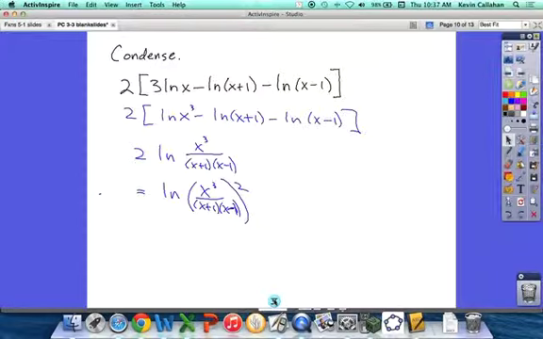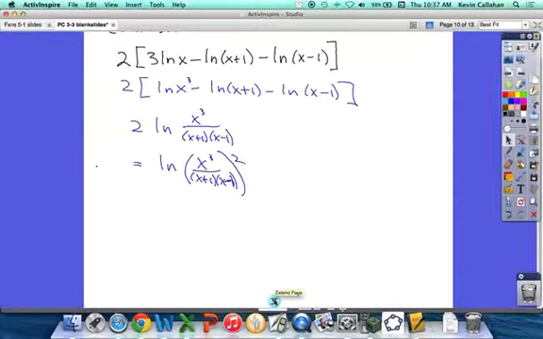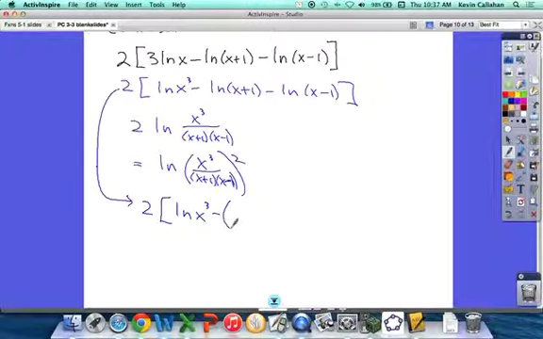I'm going to go down the board here a little bit. But a lot of times, this thing could be written like this, right? Let's say that I factor a minus out of both of these terms. Then it would have looked like this: 2 times ln of x to the third minus parentheses ln of x plus 1 plus ln of x minus 1. When you've got that kind of thing going on, it gets confusing because that looks like a plus.